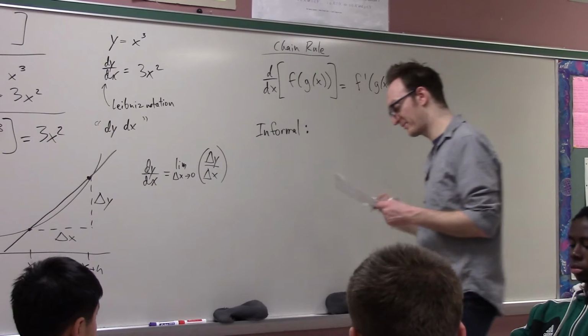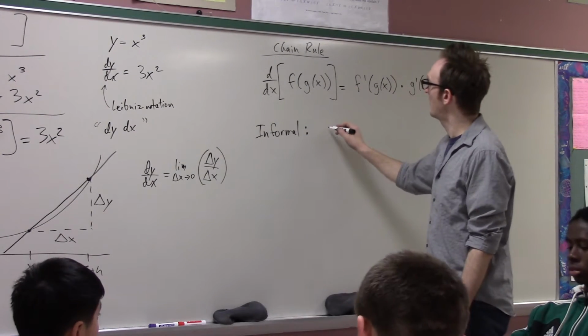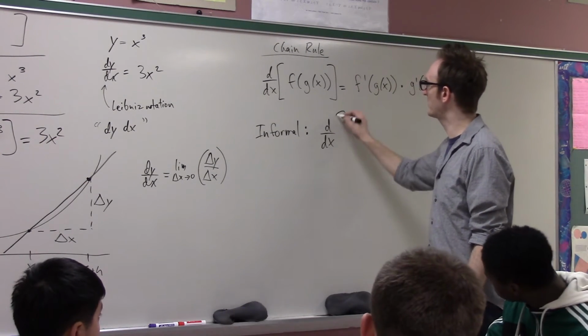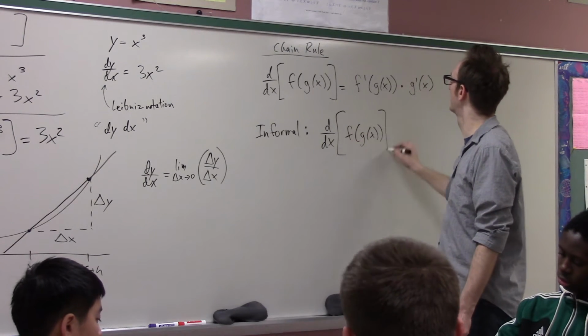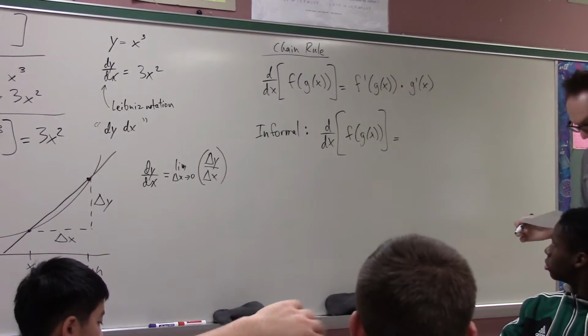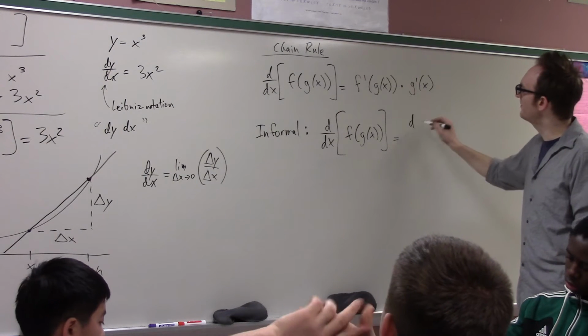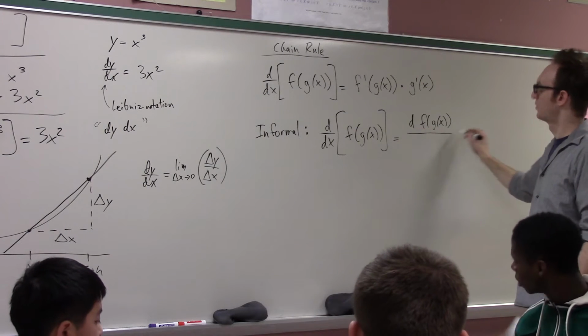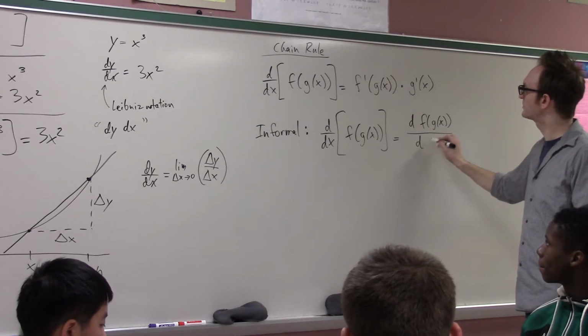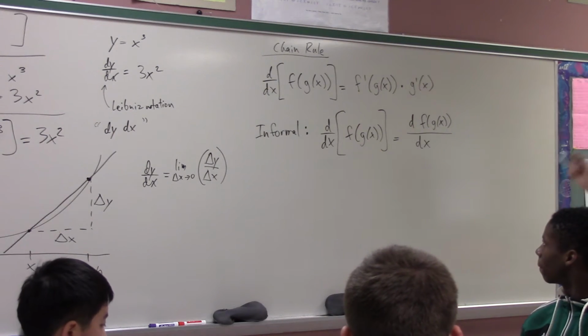The informal way of thinking about this is that we're taking the derivative of the f of g of x function. This is kind of like the derivative of f of g of x with respect to x.